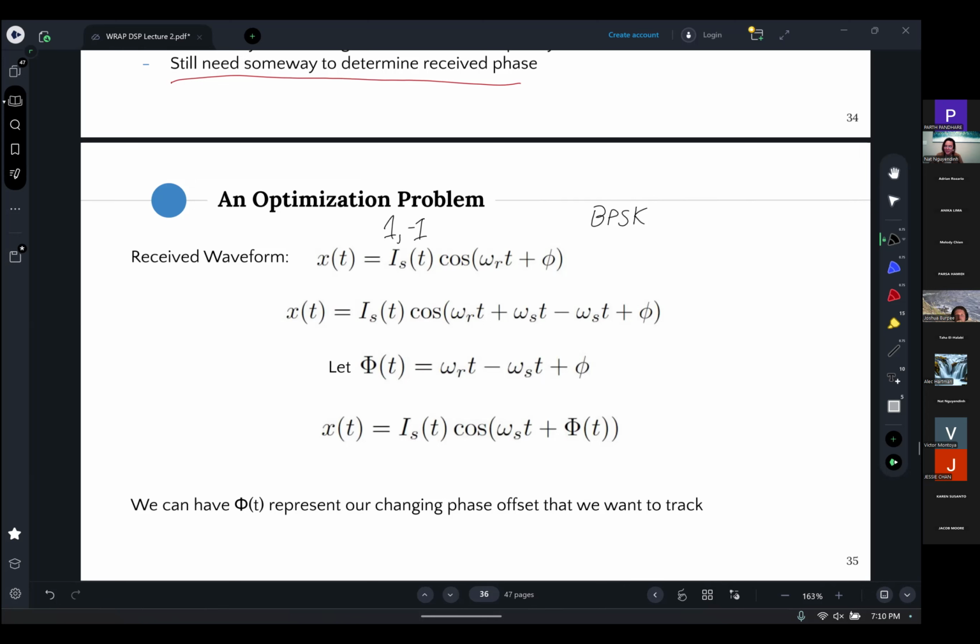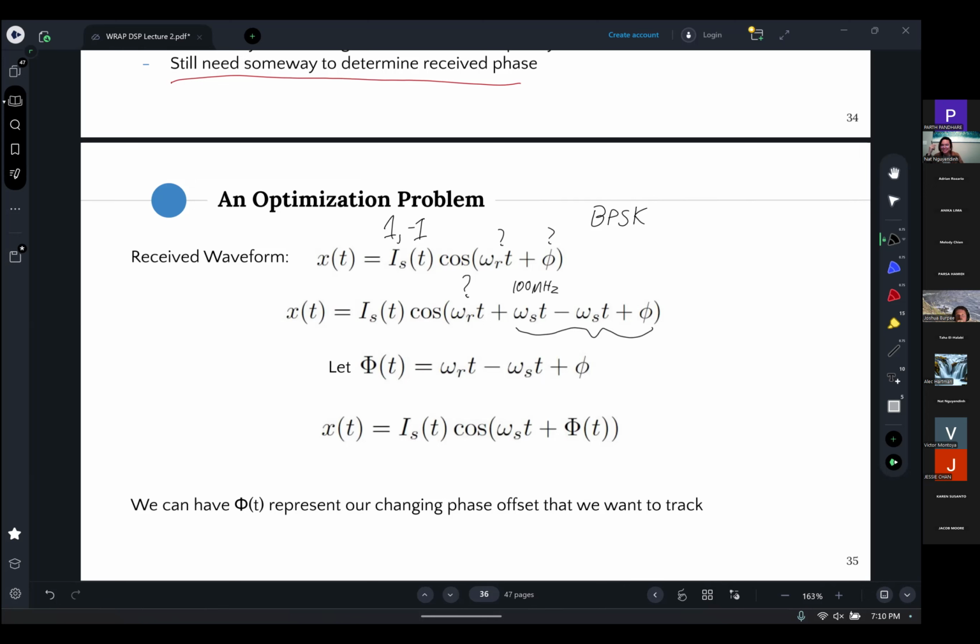So if we expand this out, this might seem kind of pointless right now, but let's add in the center frequencies. This is just going to be 100 megahertz in our example, and this is also just going to be 100 megahertz. So if we add and subtract the same amount, it's going to be equivalent. But now I want to take all of this and lump it into one term. So that's going to be, shoot, what is that Greek letter? Does anybody know?